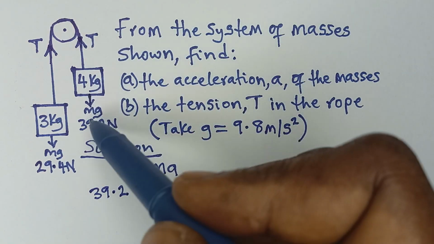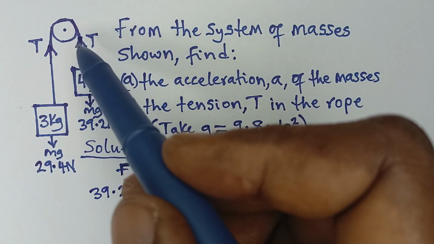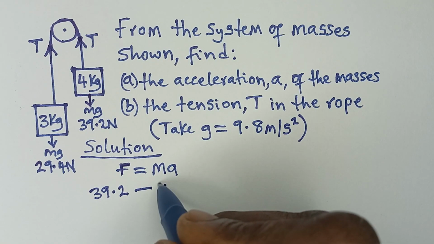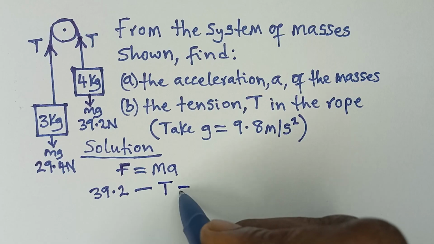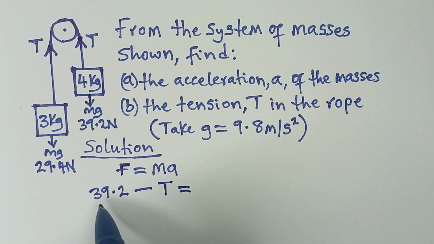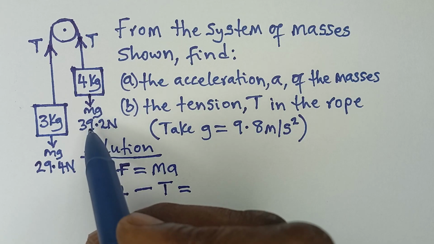So this downward force is 39.2, and then minus the tension upward, which is T, that should be equal to ma from this formula F equals ma. So this 39.2 minus T is the resultant force with which this goes down.